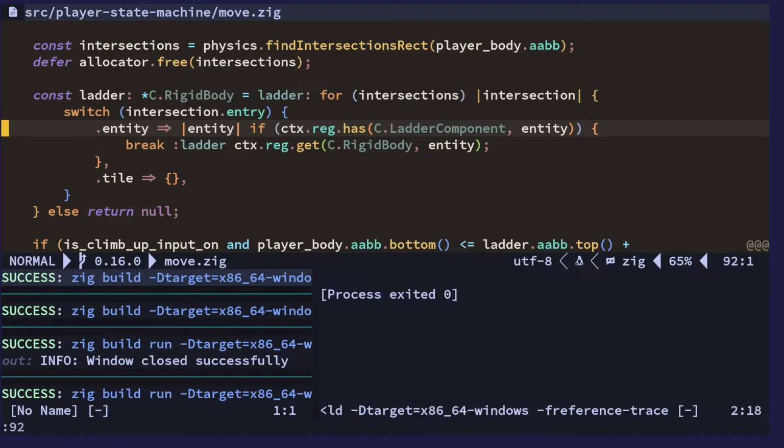Has ladder component. There shouldn't be any ladders on there, like in that map. It broke over here for some weird reason. Is it because the entity was destroyed?